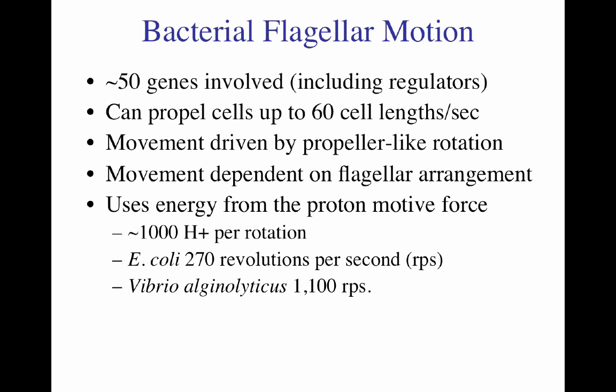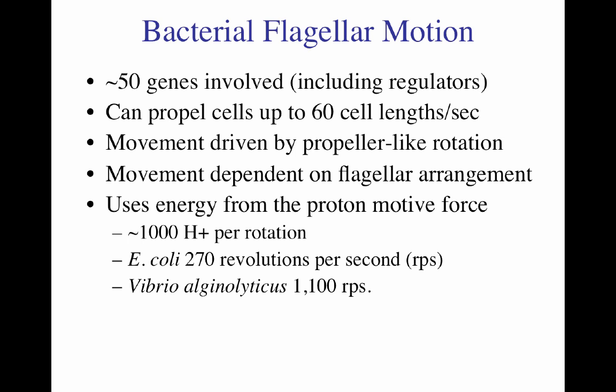In E. coli, about 1,000 protons per rotation, and E. coli moves around 270 revolutions per second. So that flagellum is pumping quite fast. So if you multiply 270 revolutions per second by 1,000 protons per rotation, you get that you require 270,000 protons to move per second.